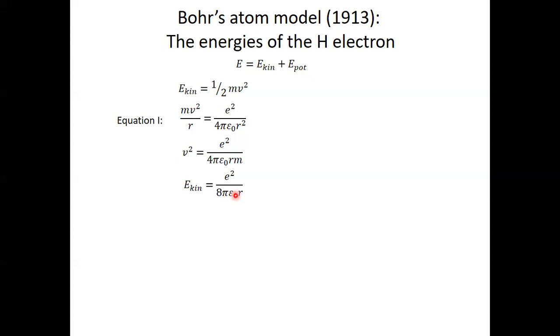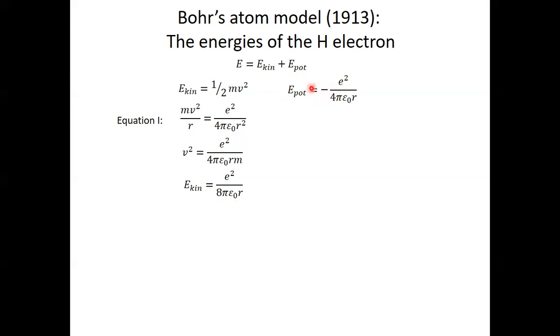Now what is the potential energy? The potential energy is basically the attractive Coulomb energy between the electron and the proton. Because that is an attractive energy, this energy is negative.